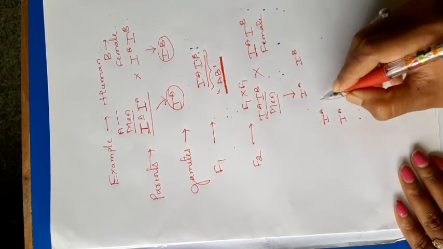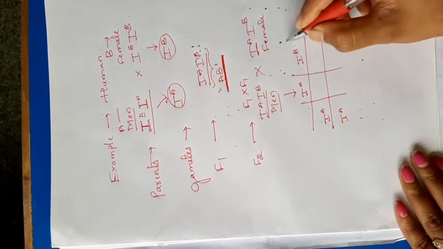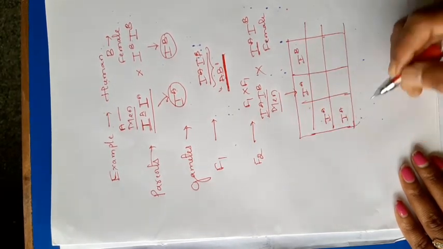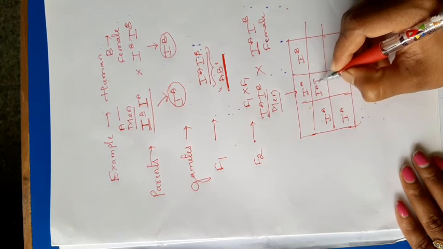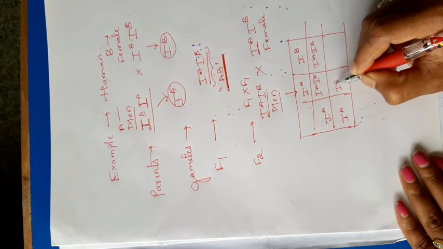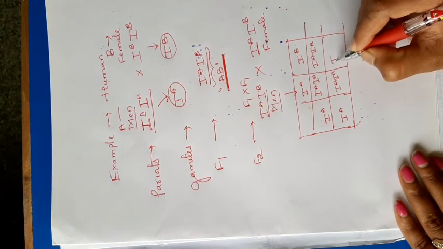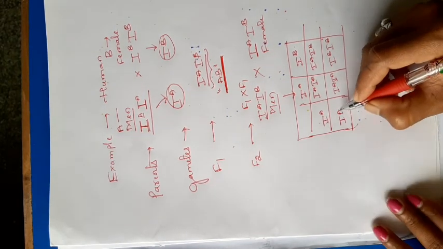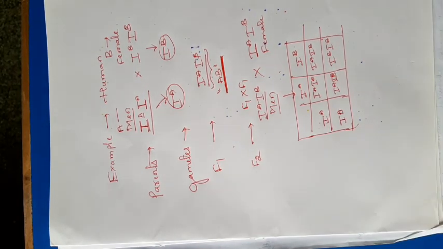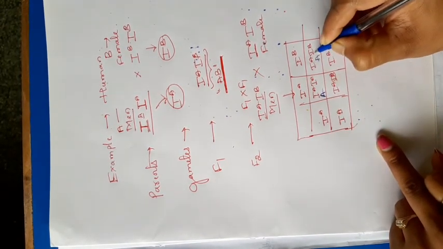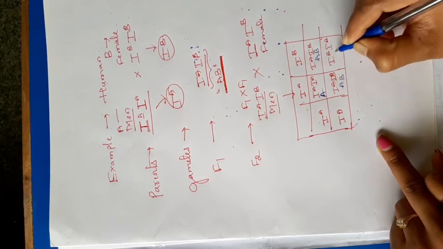Three types of offspring, three types of babies, will form in the next generation: IA IA, IA IB, IA IB, IB IB. Here I will write the blood groups: A blood group, AB blood group, AB blood group, B blood group.